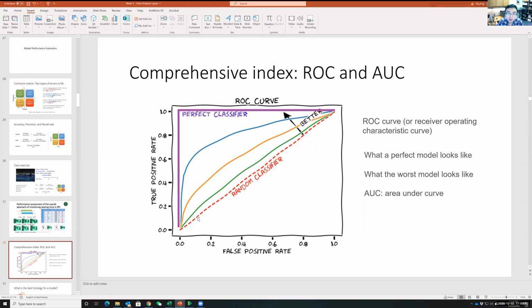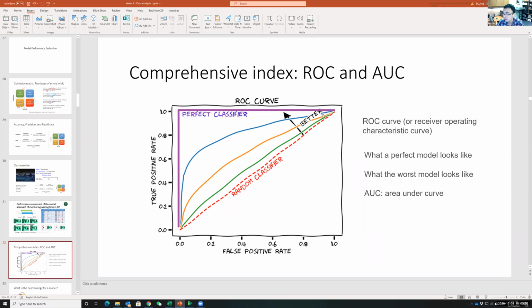And if a model is really bad, then whenever I'm improving my correct positive prediction, the likelihood that I'm making a wrong positive prediction will be linearly increasing. Make sense? So this becomes the random classifier, or a random model.